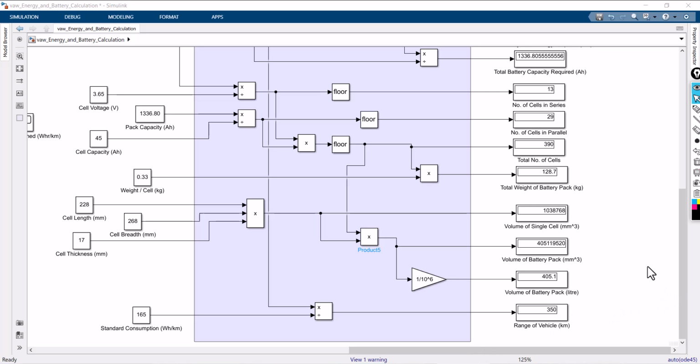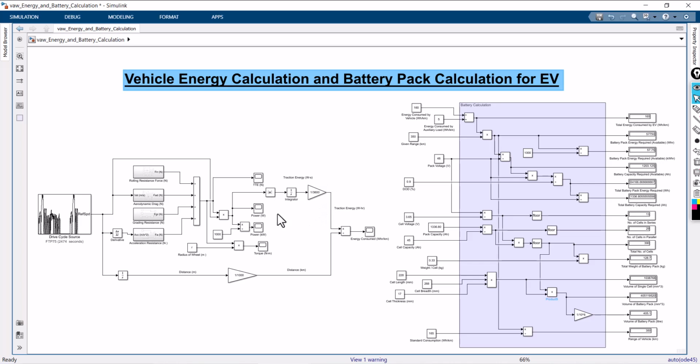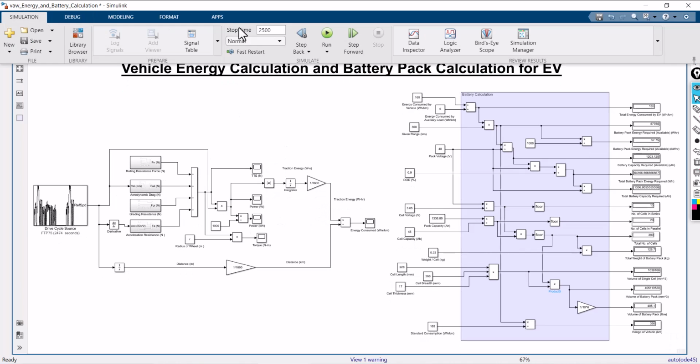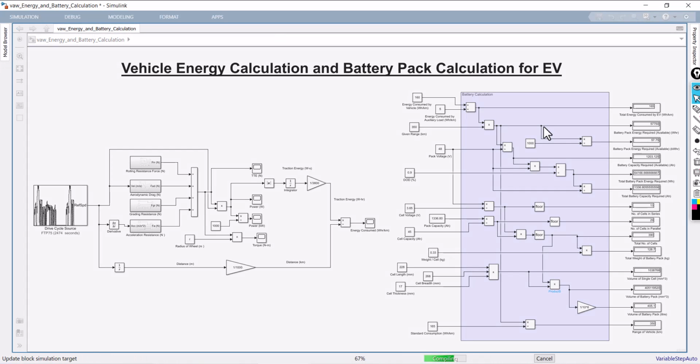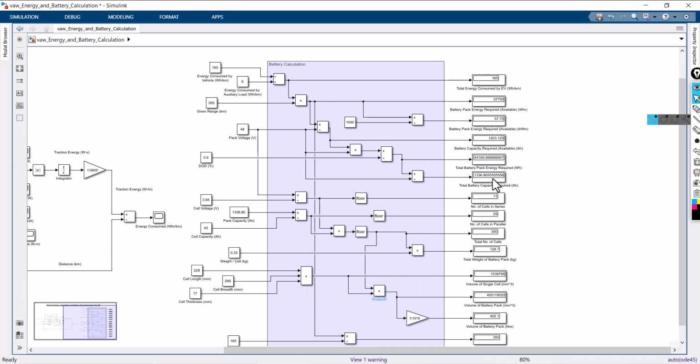So this is the way you can develop any energy calculation as well as the battery pack calculation for the given vehicle. Once you run this, you can check what is the energy and what is the battery calculation.